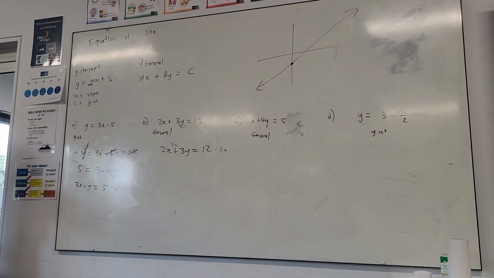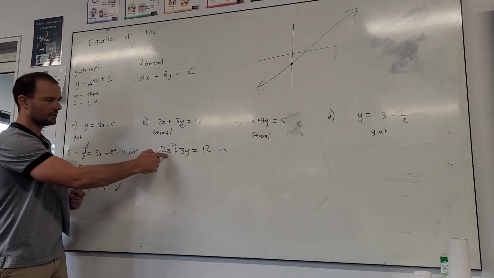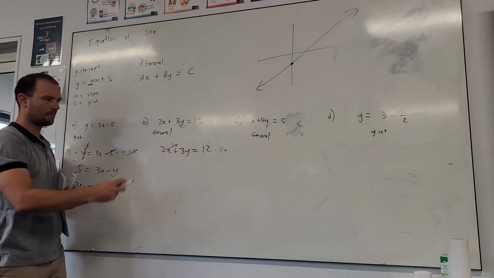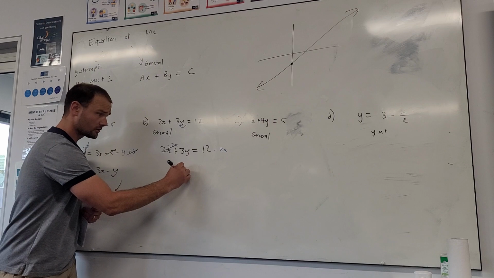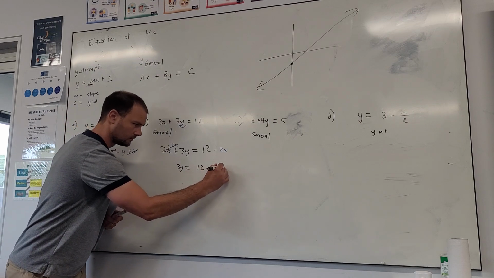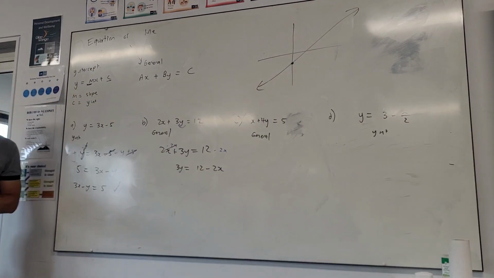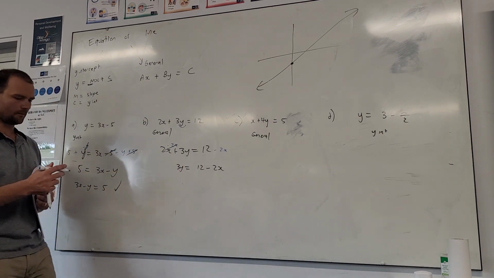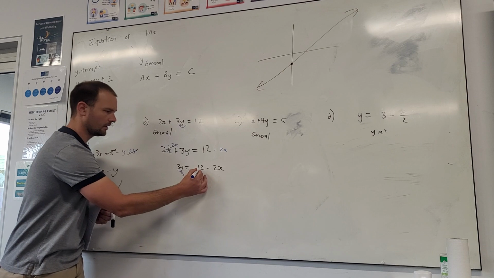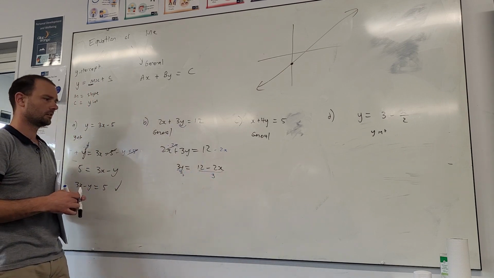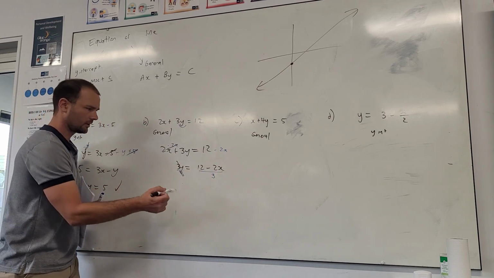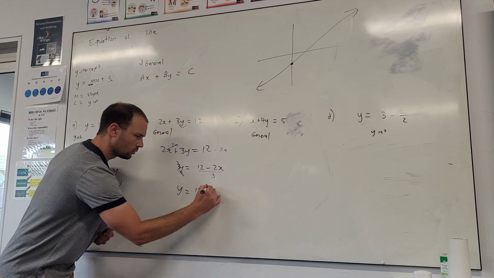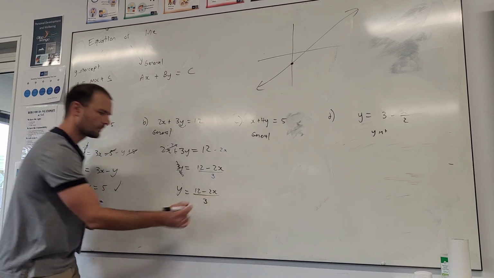If we take away 2x, this is going to cancel. 2x take 2x, that part's cancelled. And we've almost got y by itself. The next thing to do, we've got 3 times y. We're going to divide both sides by 3. Divide by 3, divide by 3. And so here, we're going to get y equals 12 take 2x on 3.